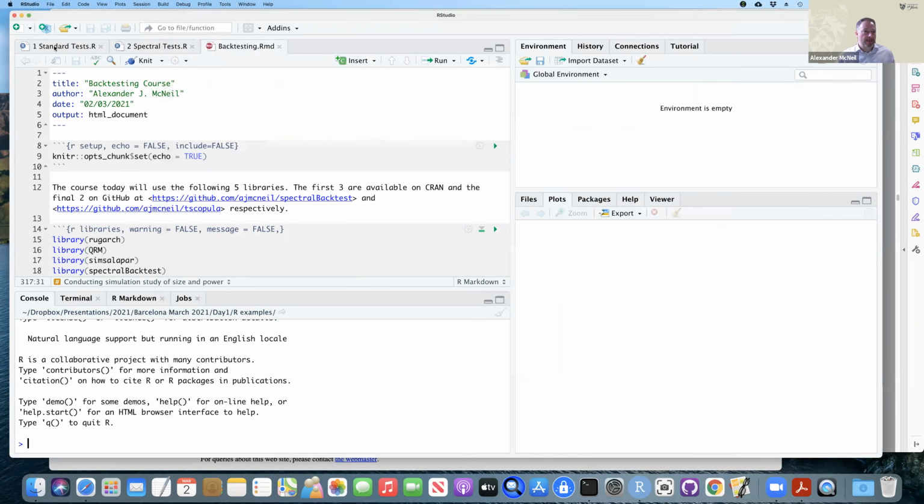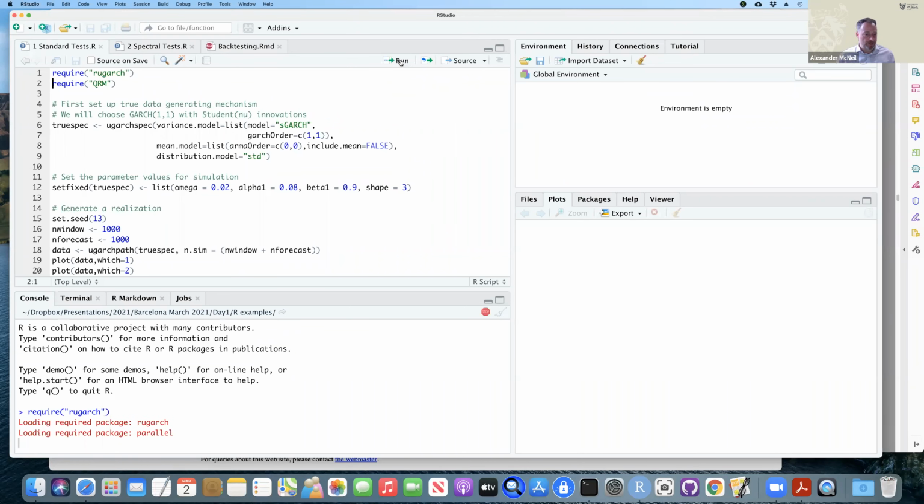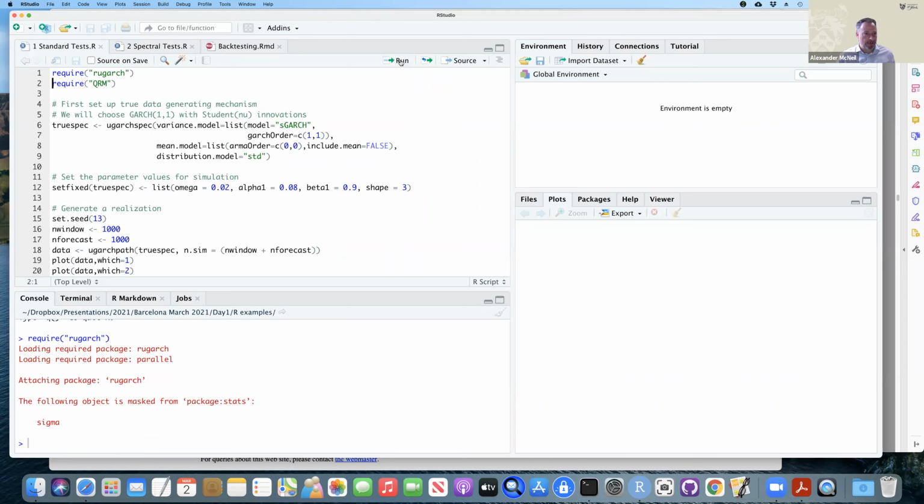But I'm going to break it down into pieces. And so I am going to work from a .R file and just show you a few things. So I use 5 libraries in this presentation. One is the excellent rugarch library, which is for GARCH modeling. One is the QRM library, which actually accompanies my textbook.